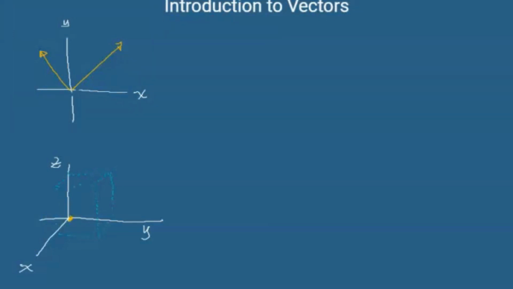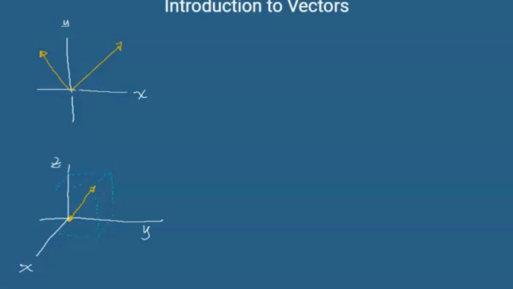It's like the vector is going out. So as you can see from our 2D vectors, we have the X and Y components. And for our 3D vectors, we have the X, Y, and Z components.